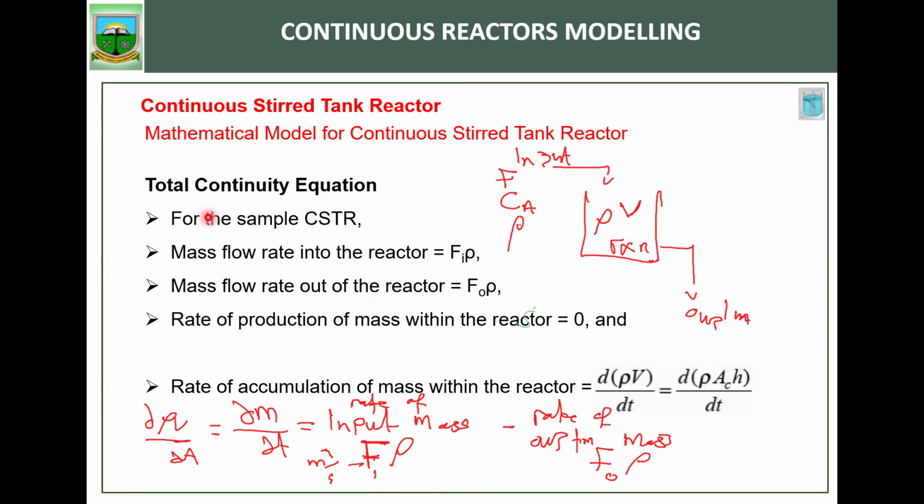Once you establish, you now equate them. For a steady state, we know that the accumulation term is going to be zero. It means that your output will be equal to your input. If it is a normal dynamic, then you need to have accumulation.